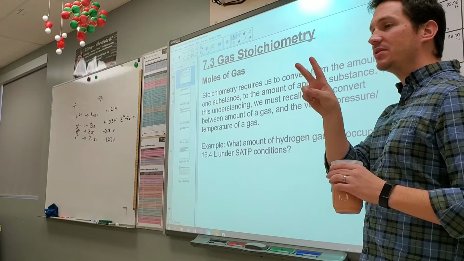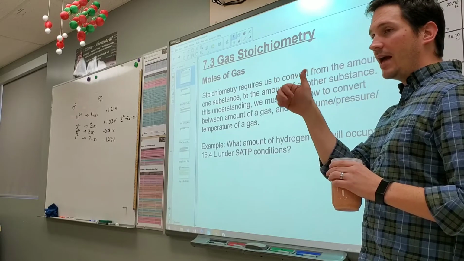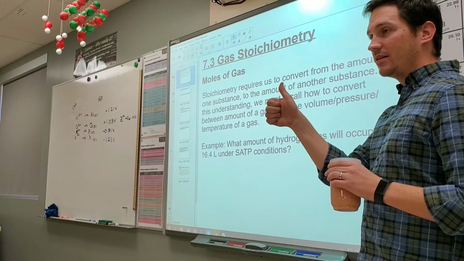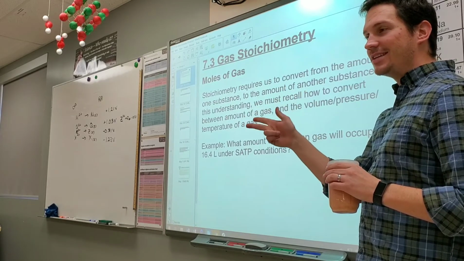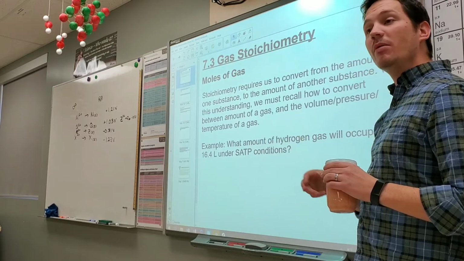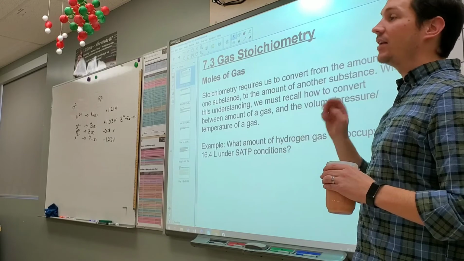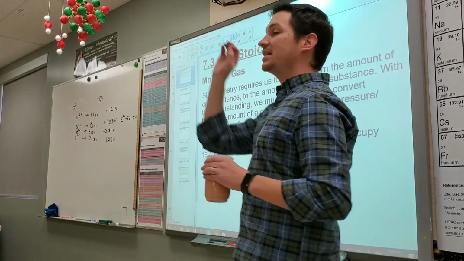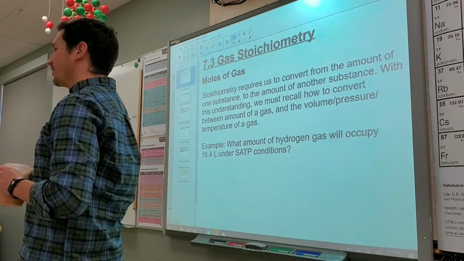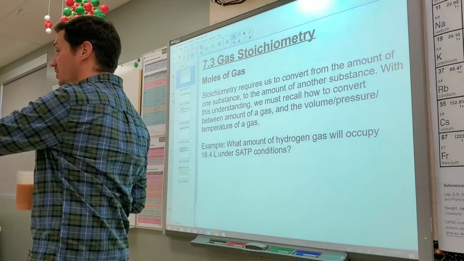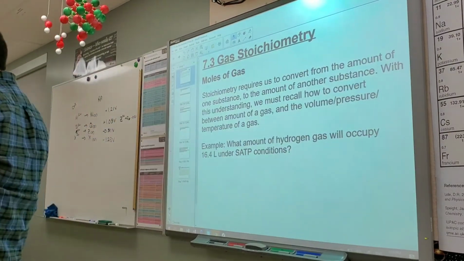What are the two types of conditions that are very specific? STP and SATP. Do you remember what STP stands for? Standard temperature and pressure. And what is the temperature under standard temperature and pressure? 0 degrees Celsius.